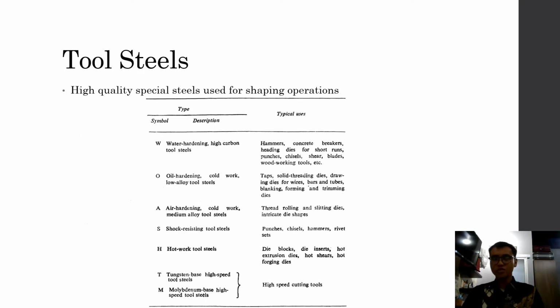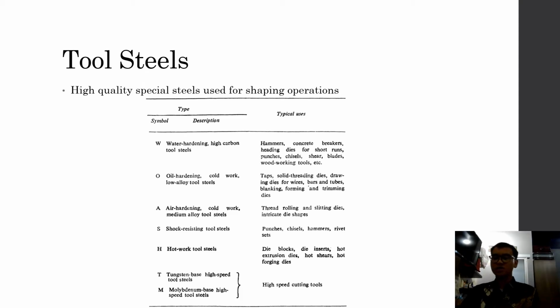Next is tool steels. The term tool steels usually refers to high-quality steels used for shaping operations such as cutting, shearing, forming, drawing, extrusion, rolling, and battering, which require high hardness, strength, toughness, wear resistance, and heat resistance for the tooling operation.